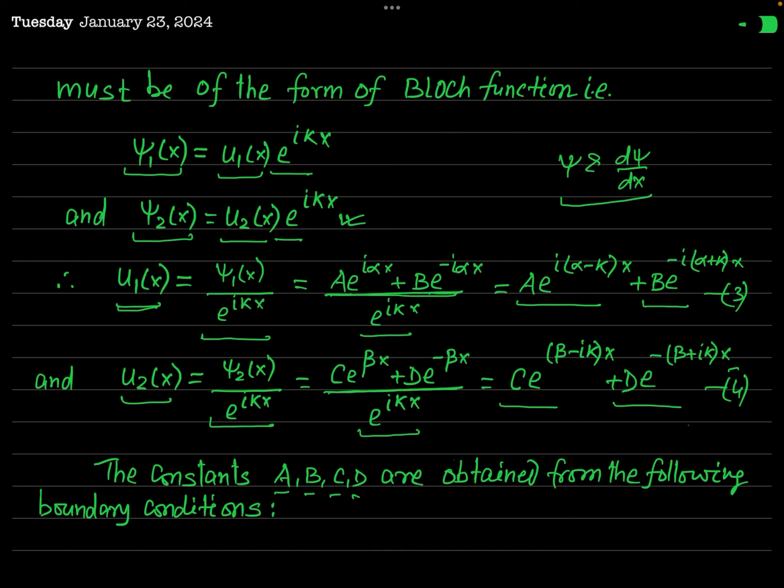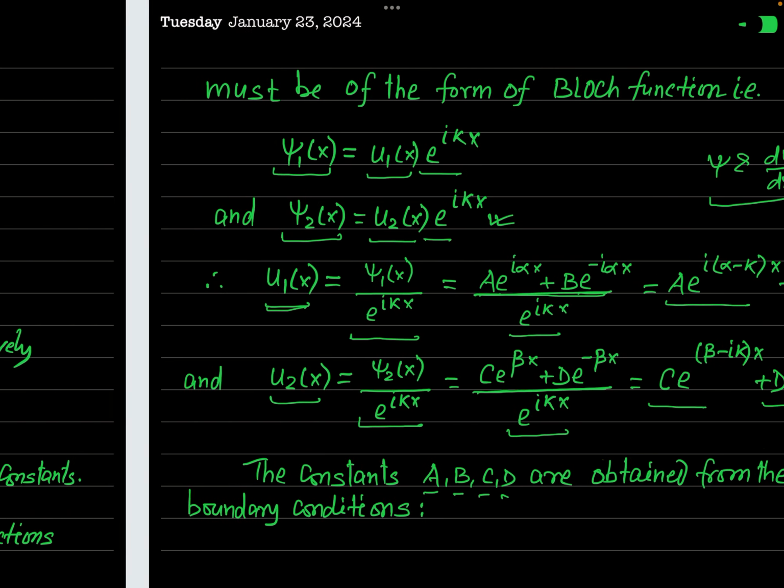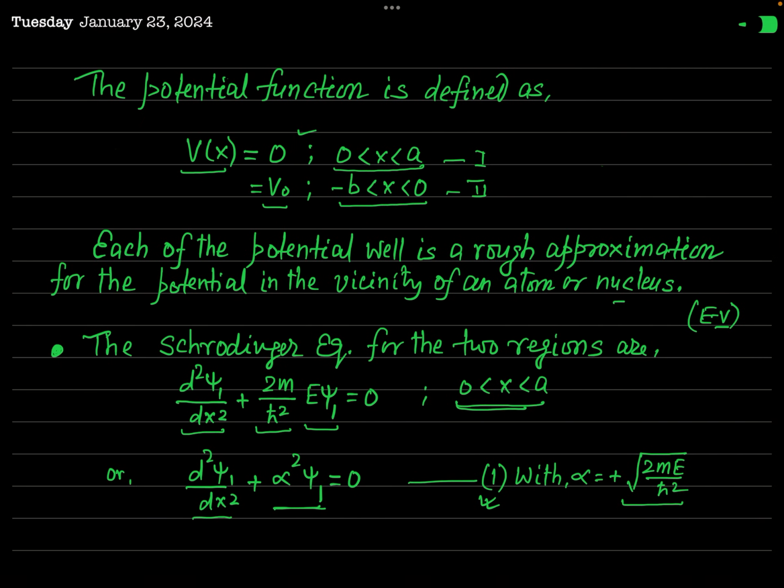Now since psi and d psi by dx are continuous, this implies u and du by dx will also be continuous at the boundaries. Okay? So what will be the boundary conditions? You can see there are actually two boundaries here.